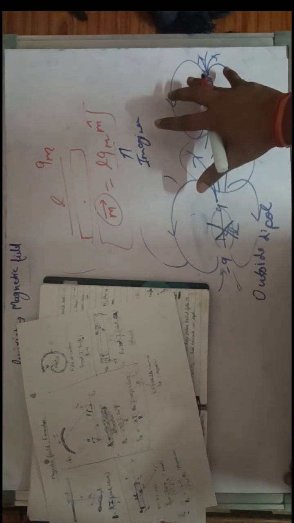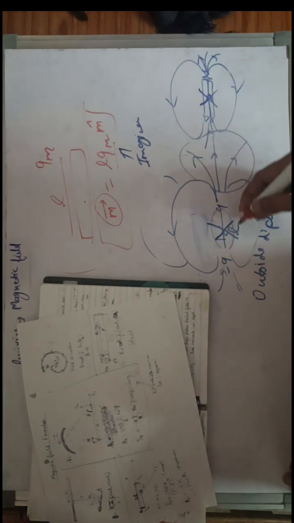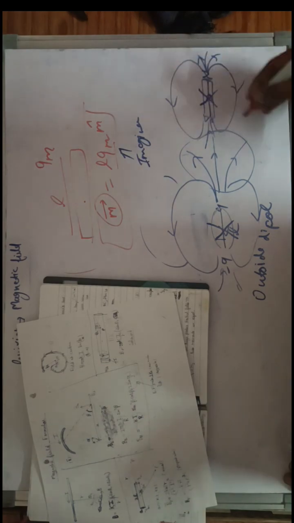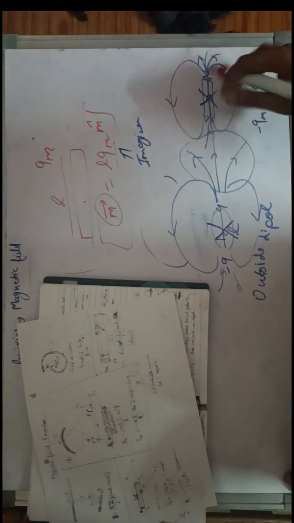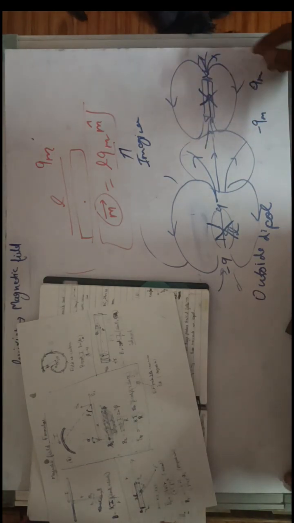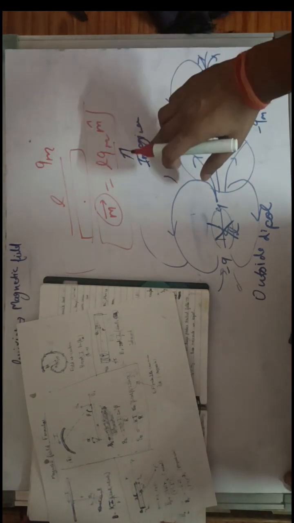So since these two fields look similar, we can say that this field can be represented by some minus qm and qm dipole, which will produce a similar field outside. This is used to tell the field outside only, not inside.